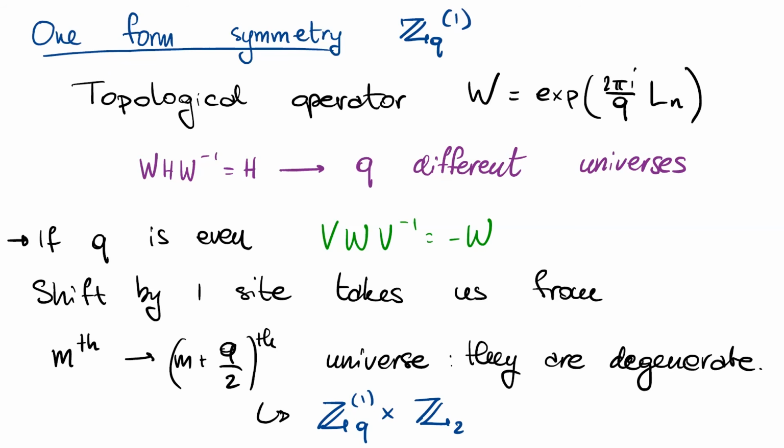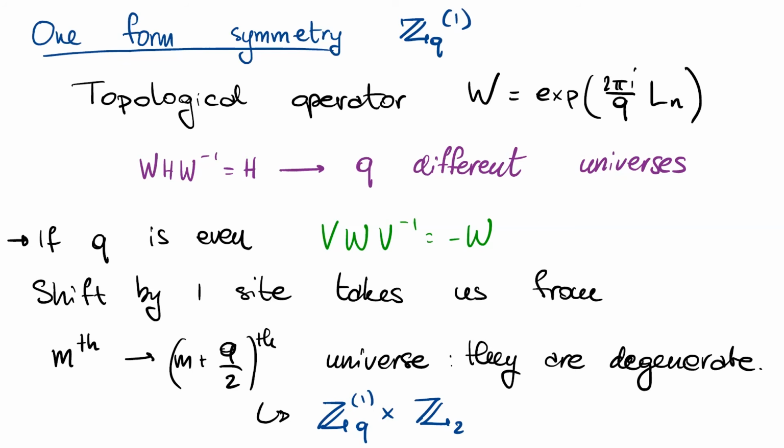So this commutes with the Hamiltonian, and it tells you that the Hilbert space splits into different sectors, which people call universes, and there are Q of them. Now, if Q is even, we see that the operator V, which does the discrete chiral transformation, anti-commutes with W, which tells you that if I act with V, then I am going from the Mth universe, which means that the electric field mod Q is equal to M, to the M plus Q over 2 universe.